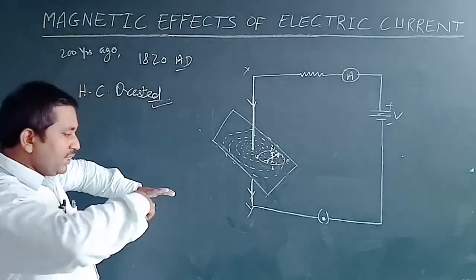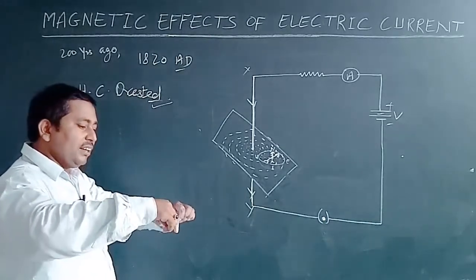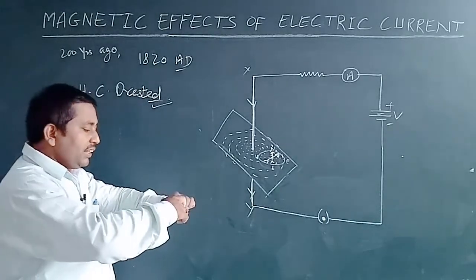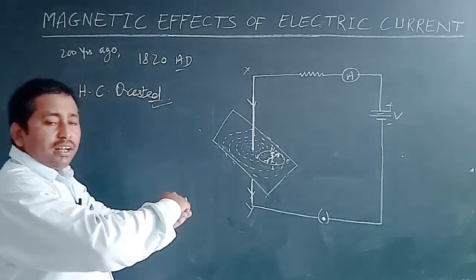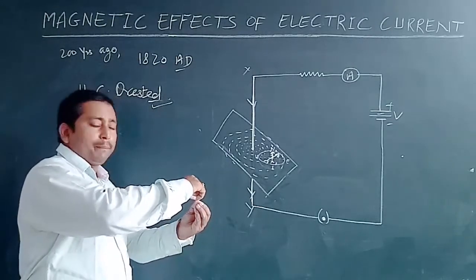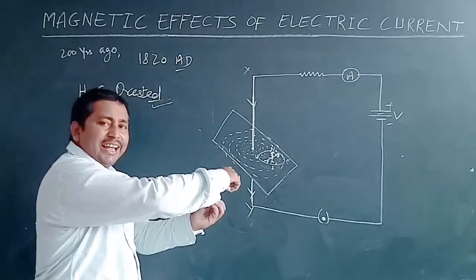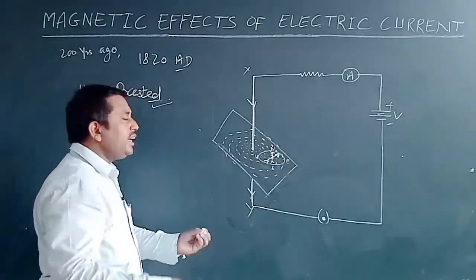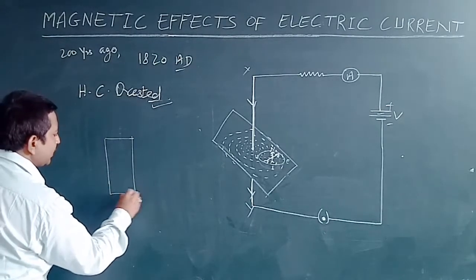In that direction he marked with a pencil, and after marking that he placed the bar magnet in the north south direction, and by placing a small magnetic needle around the bar magnet and marking the needle positions with the pencil at different points, he plotted the magnetic field around the bar magnet.